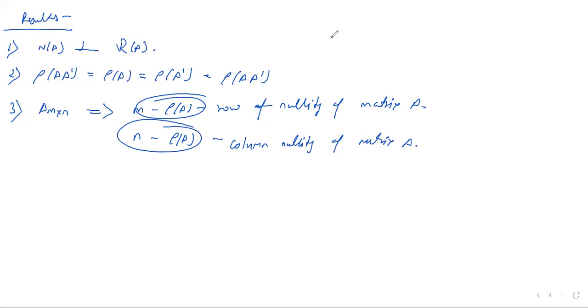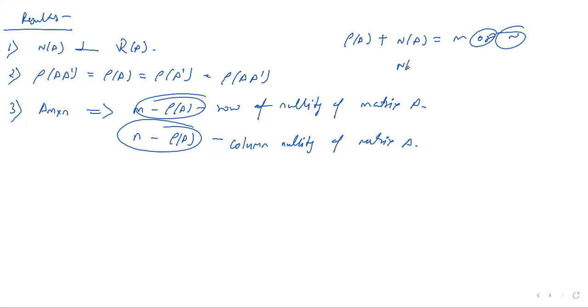This is what? By the help of the rank nullity theorem, rank of A plus nullity of A is equal to the total number of attributes. Okay, and that depends on which attribute we are taking, the number of rows or the number of columns, that is m or n. So we are writing this from that perspective.